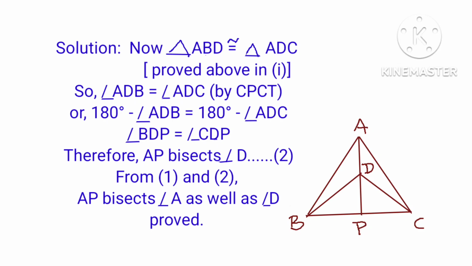So angle ADB is equal to angle ADC by CPCT, or 180 degrees minus angle ADB is equal to 180 degrees minus angle ADC. So angle BDP is equal to angle CDP. Therefore AP bisects angle D. Equation number 2. From 1 and 2, AP bisects angle A as well as angle D, proved.